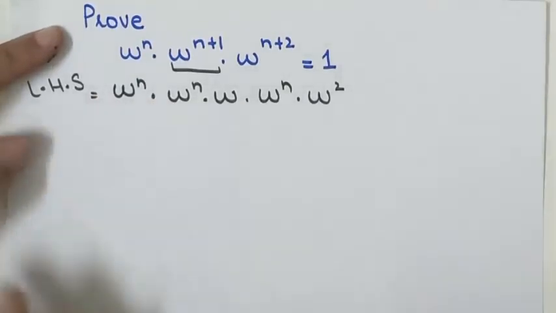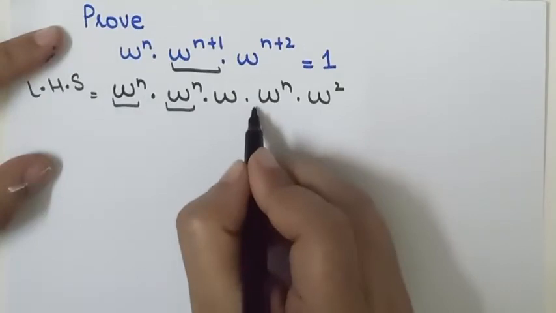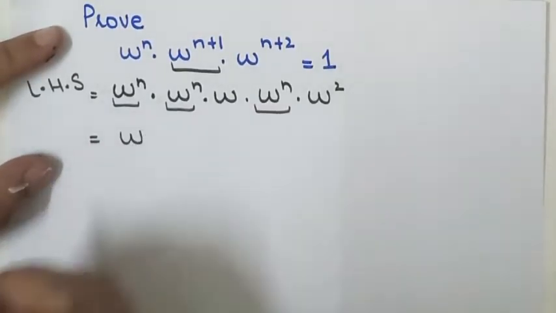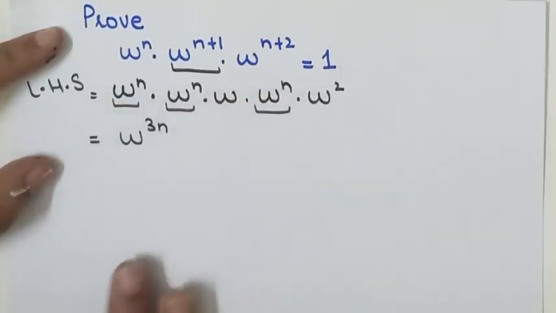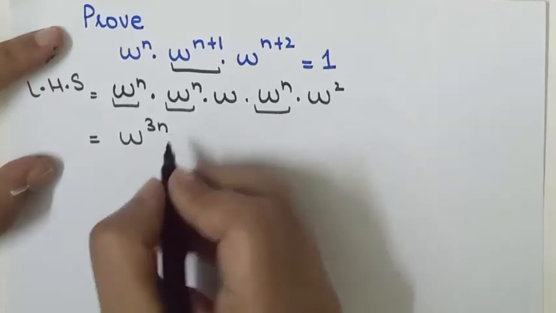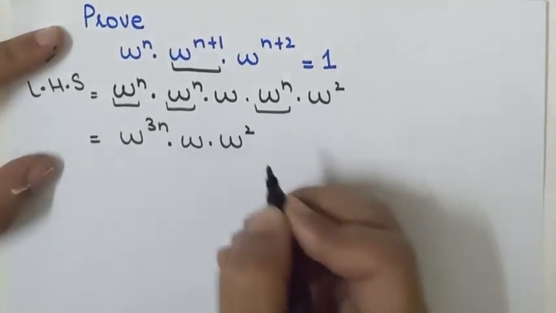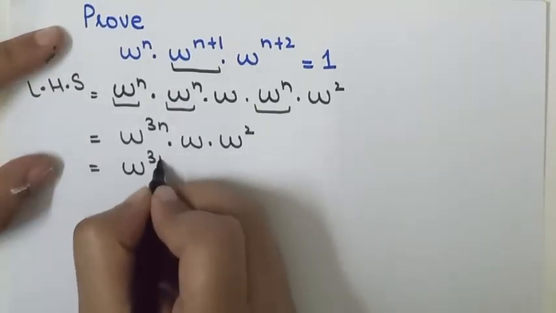Very simple proof. Now we have ω^n three times, so we can write ω^(3n). When bases are same, their powers can be added. And we have ω and ω² left. ω^(3n).